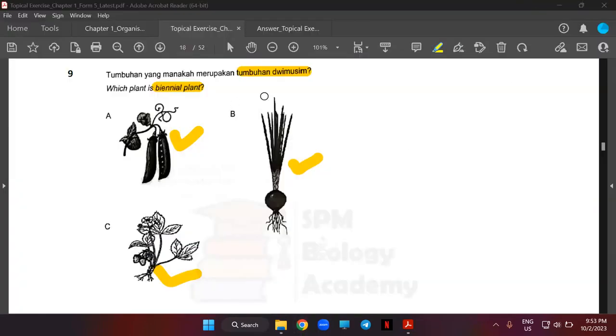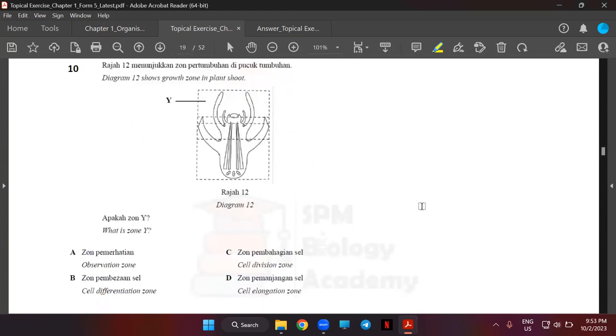Jawapan kita adalah B. Onion. That's the answer. Biennial plant. Okay, B. Yeah, it looks like dandelion. Yeah, that's right. Round, yeah. Okay. So jawapannya B. So biennial. Okay. Baik.